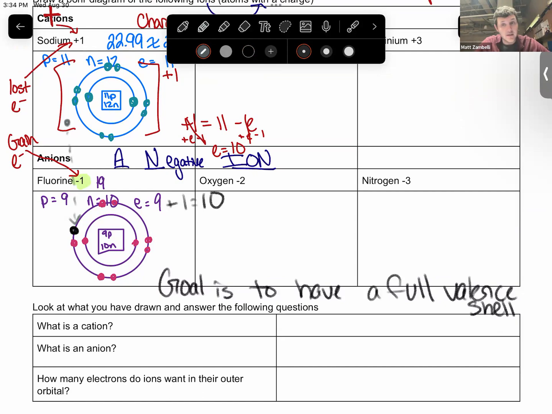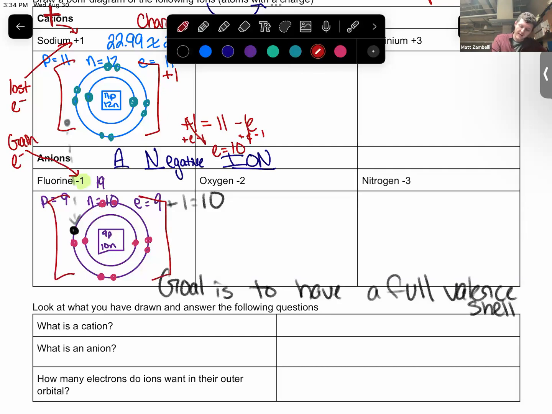That electron had to go somewhere, so it gave the electron to fluorine, and now we have something called a compound that's going to be a combination of 2 different elements together, held together by those charges. And again, we can't forget about the charge, so just like before, we got to put our brackets around here, and it becomes a -1 for its charge.